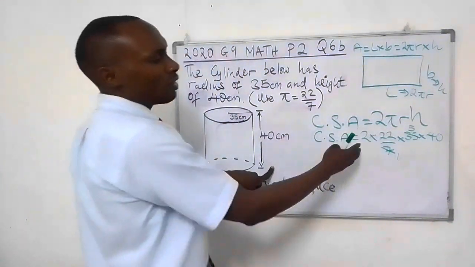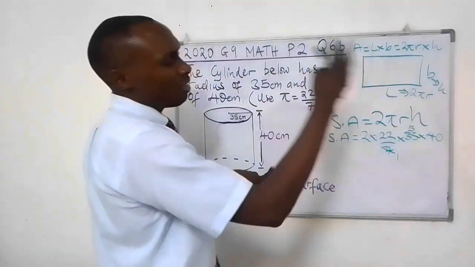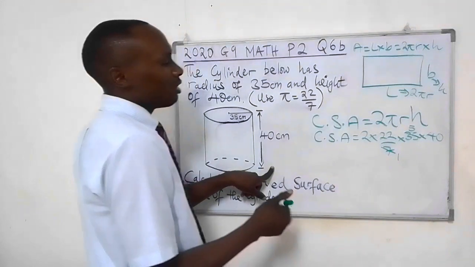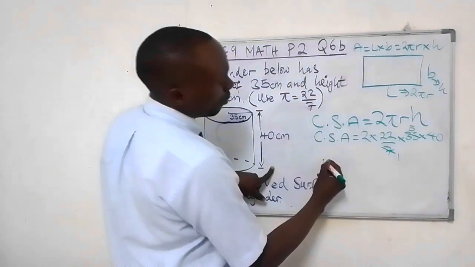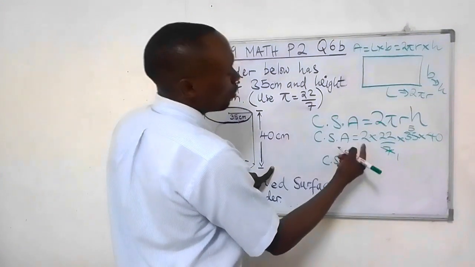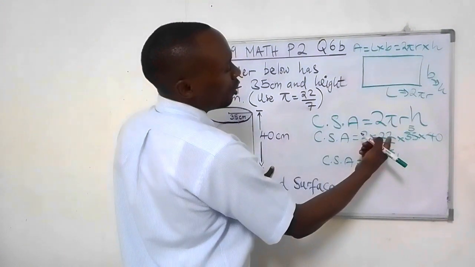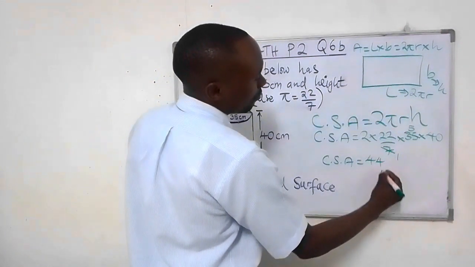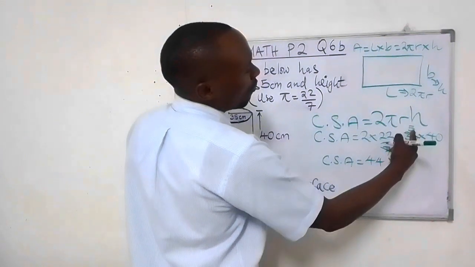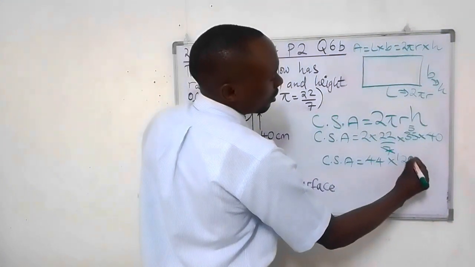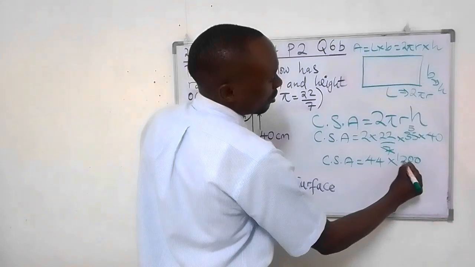We'll multiply the first two and the last two. So CSA is equal to, what is 2 times 22? 2 times 22 gives us 44. Then 5 times 40 gives us 200.